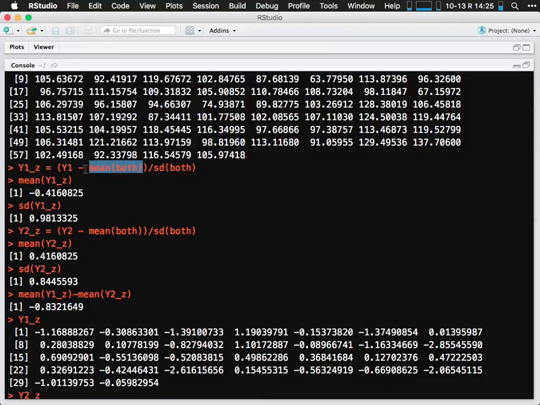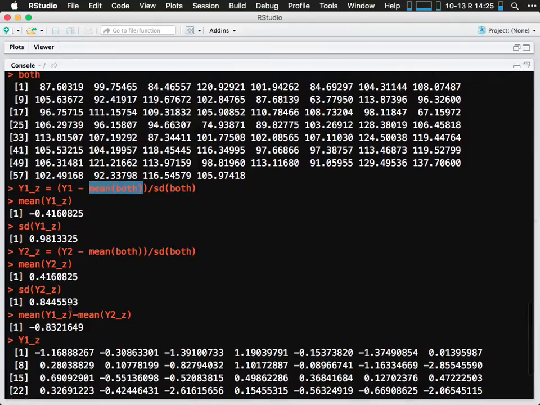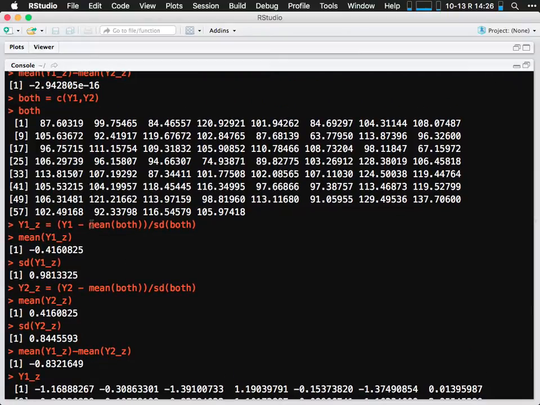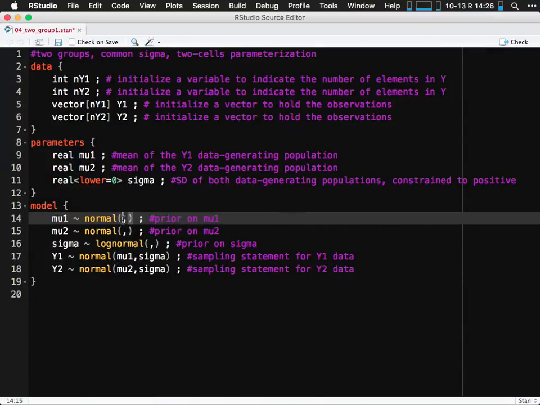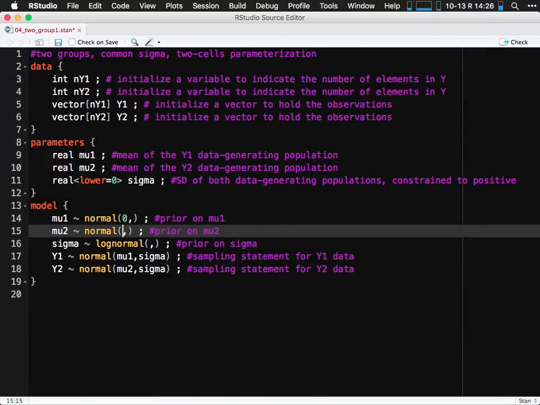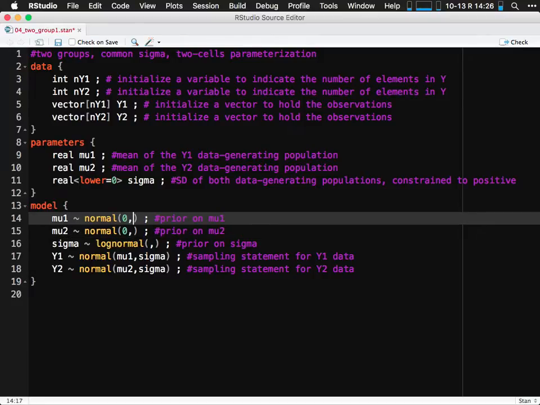Does that make sense? To the degree that the groups actually differ from one another, their individual means will shift a little bit away from 0. But just knowing that we scaled the data in this way, subtracting the common mean from each one, means that we can assert a prior that's centered on 0, and that's probably a pretty decent prior for both groups.